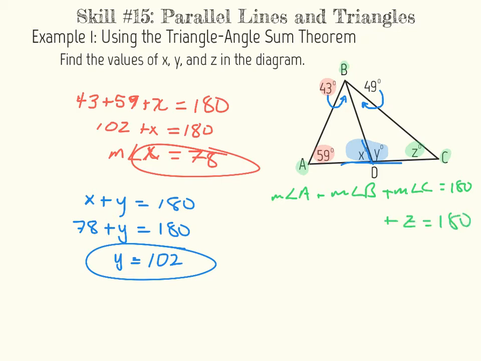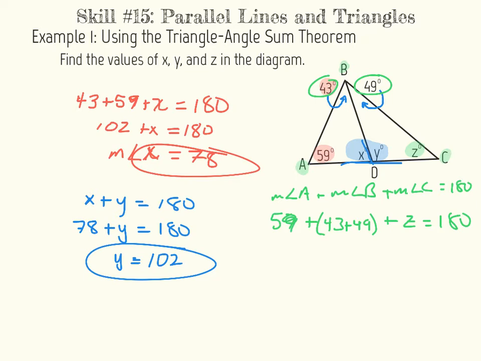And then we put in what we know. We know that the measure of angle B is the 43 and the 49 put together, so 43 plus 49. And then A is 59. So 59 plus 43 plus 49 plus z equals 180.